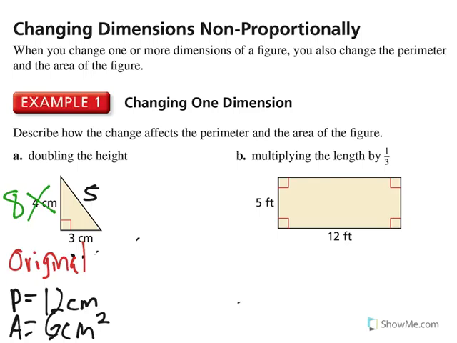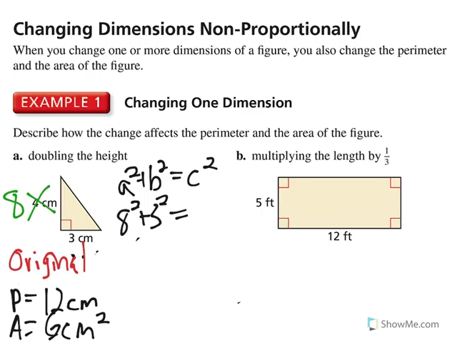So again, we're going to start off with doing the Pythagorean theorem. So we have a squared plus b squared equals c squared. So we plug in, we have 8, 3, and now we need to solve for this new c. It's no longer going to be 5. And so we need to find out what it's going to be now. So c squared again.